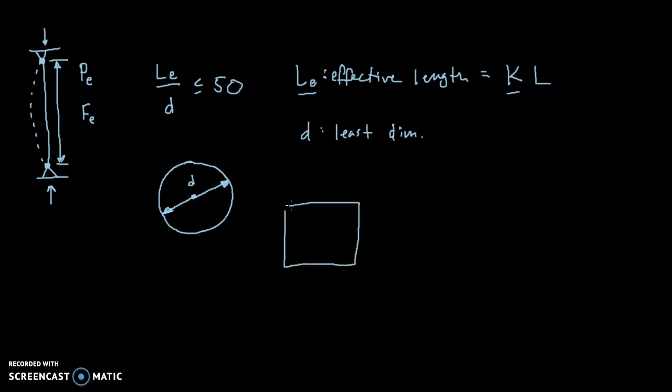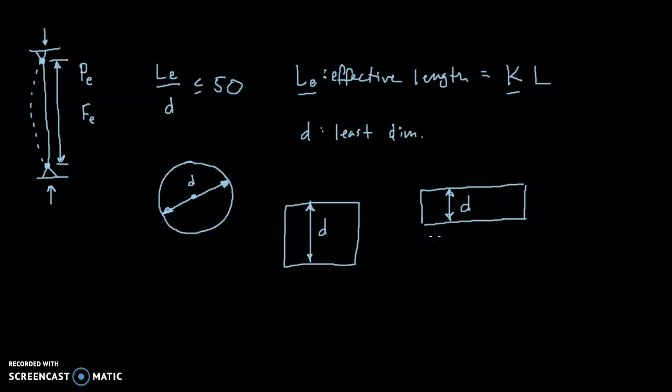If we have a square column, D is just going to be the width or the height, because in a square shape, the width and the height are the same. If we were to use a rectangle as a column, like a stud in a building, D would not be the width from side to side as I've drawn it here, but the shorter of the two dimensions. That would be D.